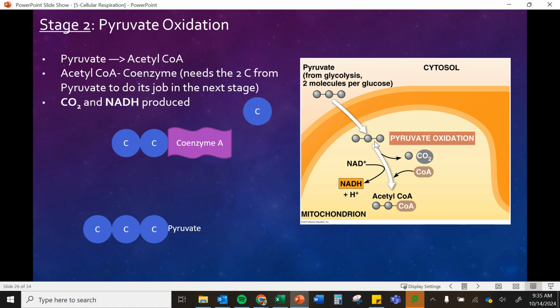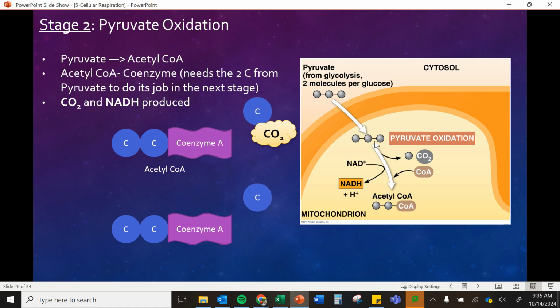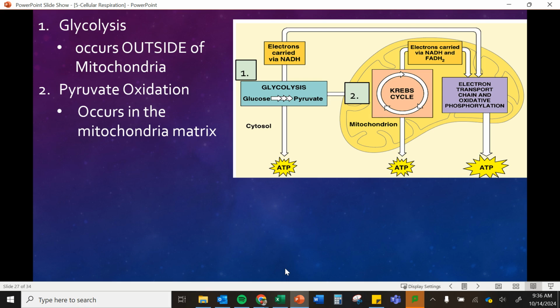I don't know that we really need to memorize that, but we're losing 1 carbon in the process. And that happens to the other one as well. And remember, carbon dioxide is a small nonpolar molecule, so it can just go straight out through the mitochondria and exit the cell.